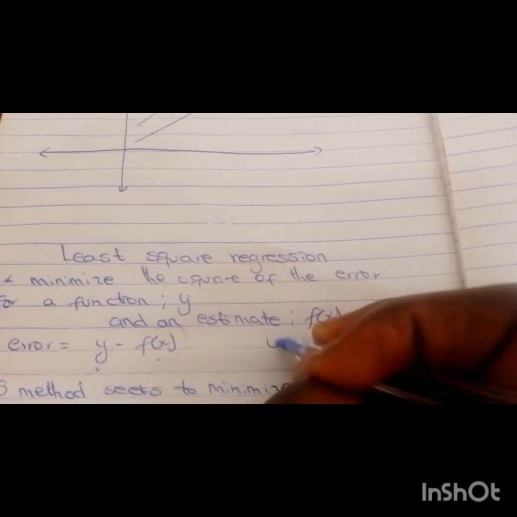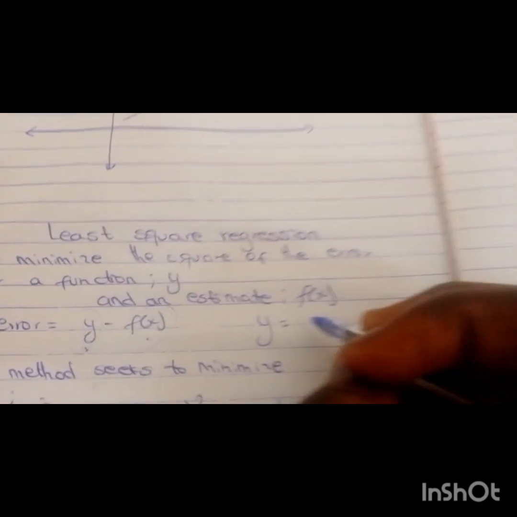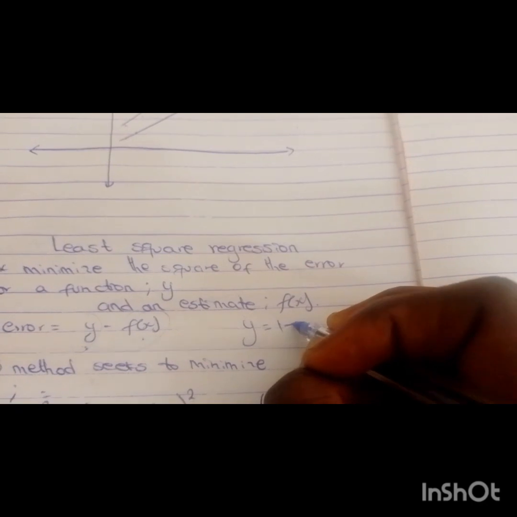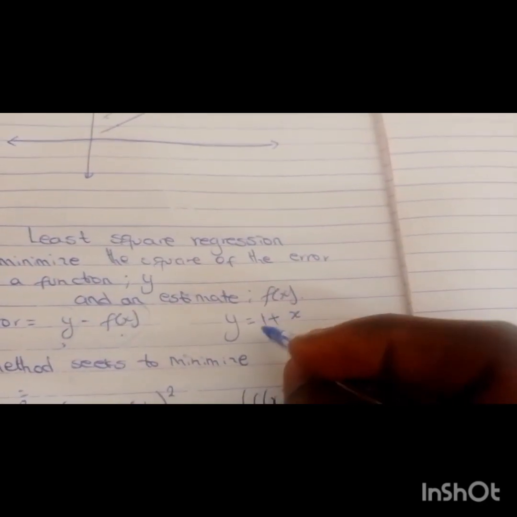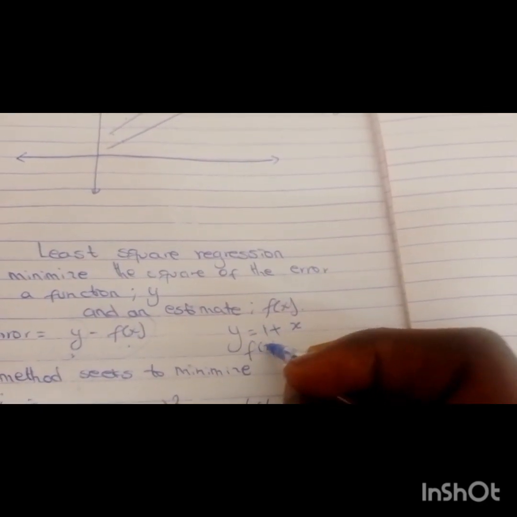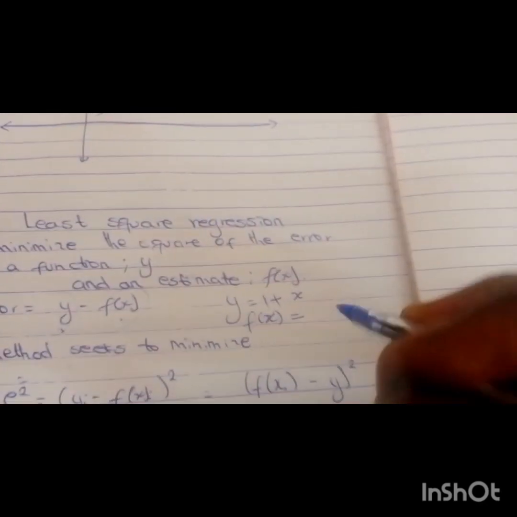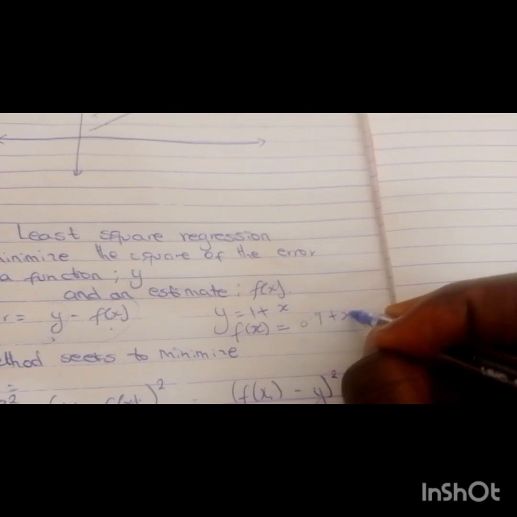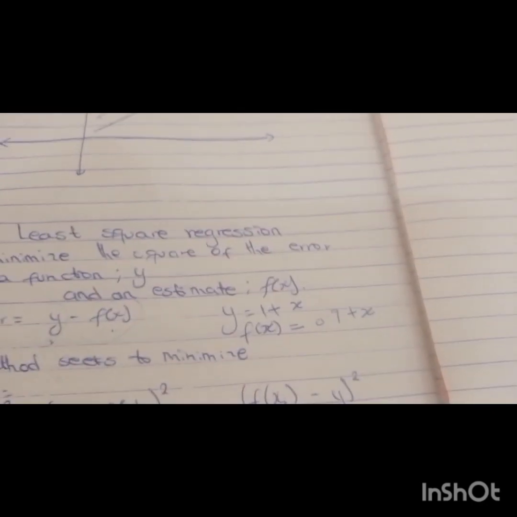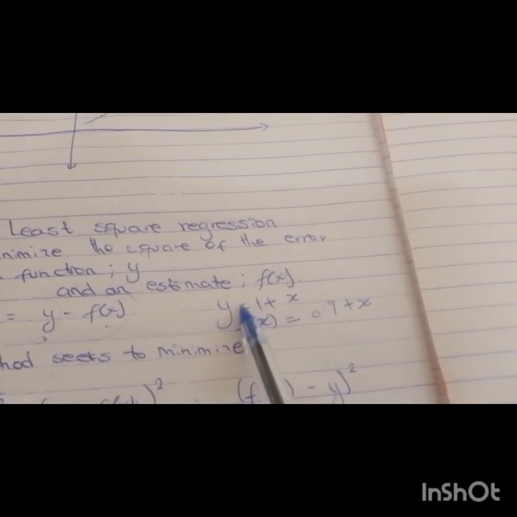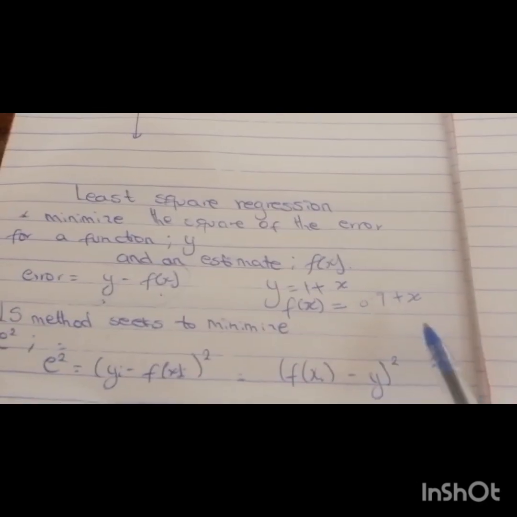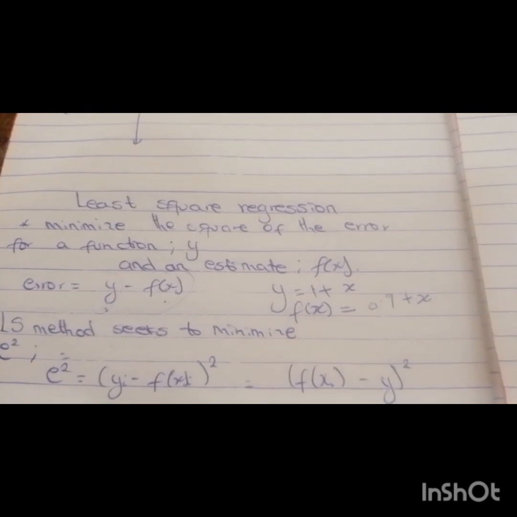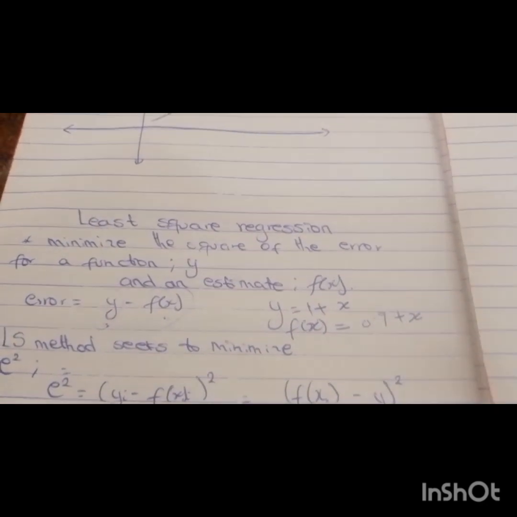Let's say, as an assumption, y equals 1 plus x, and from my estimations I estimated that y equals 0.9 plus x. Now you can find the error between these two by doing a simple difference. That's what I mean by the error between the main function and an estimate.